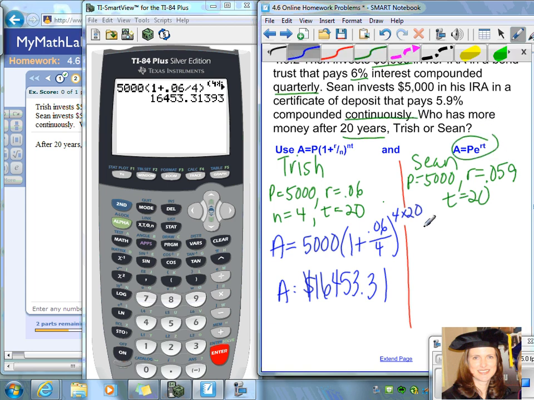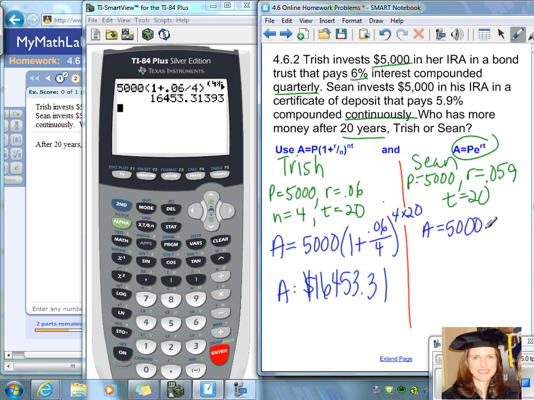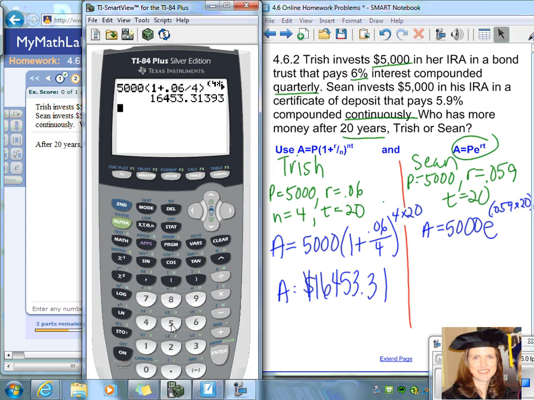Our A is equal to 5,000 times e to the 0.059 times 20 years. Put that in parentheses and evaluate. 5,000 times e raised to the power of 0.059 times 20 years.